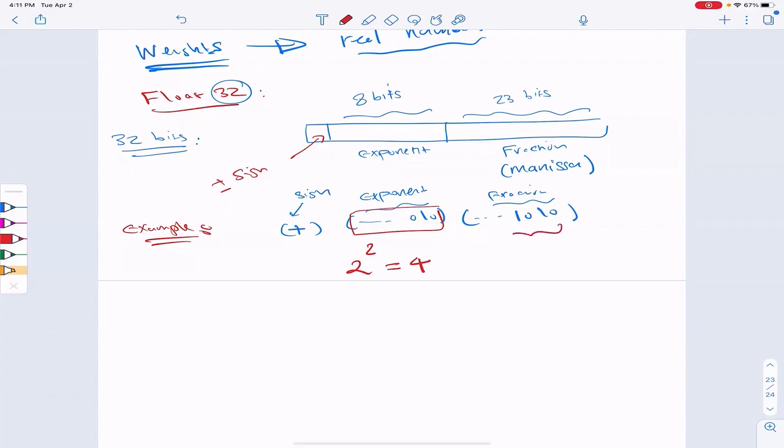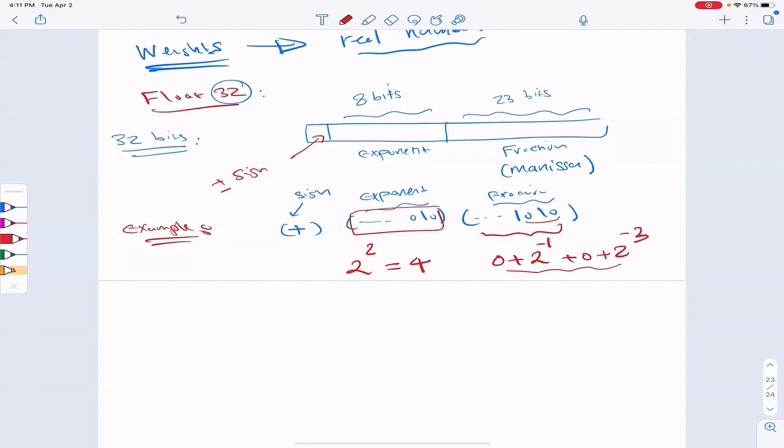Okay. So for this part, this represents the fraction. You're going to basically start from the right bit, and for each of them, look at whenever you have a 1, you add 2 to the minus of the relative position of that number. So you start with 2 to the power minus 0 times 0. For 1 it is 2 to the power minus 1. So this one is 0. And for this one it is 2 to the power minus 2. Minus 3.